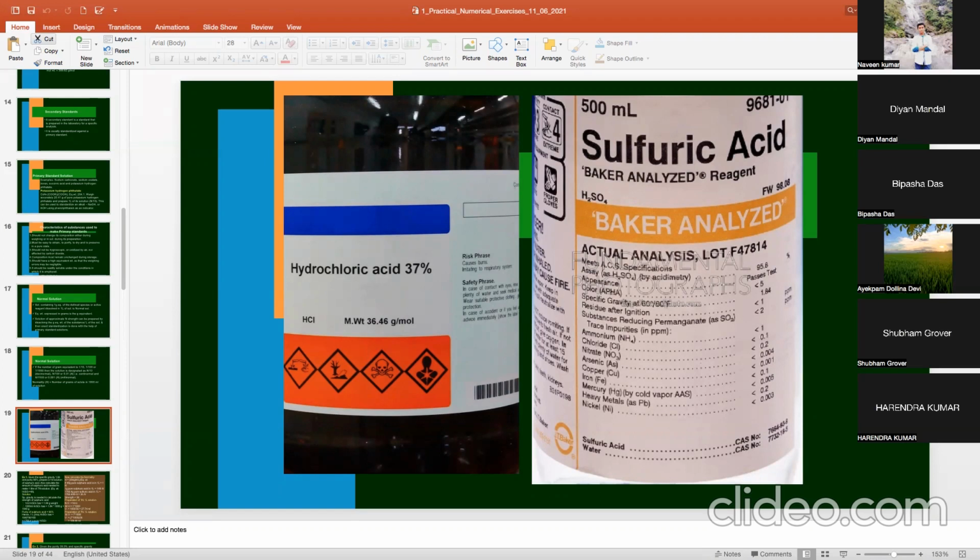Sometimes it is 98%. And you see on the left side, HCl is just 37% pure, meaning in this particular bottle, only 37% is hydrochloric acid. The rest is something else. So based upon specific gravity, purity and gram equivalent weight, you can calculate the strength of the solution, that is the normality of the solution.